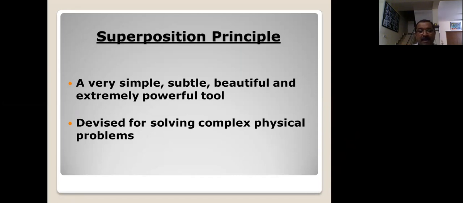Then today, before going to our main course of discussion, I want to give you an idea on one of the very simple but beautiful and extremely powerful tools of science and engineering, that is the superposition principle.